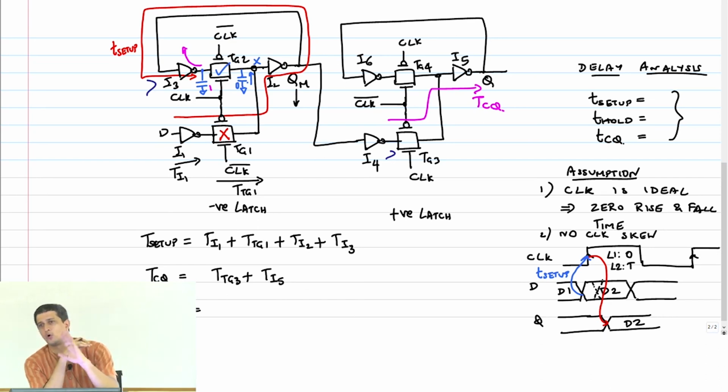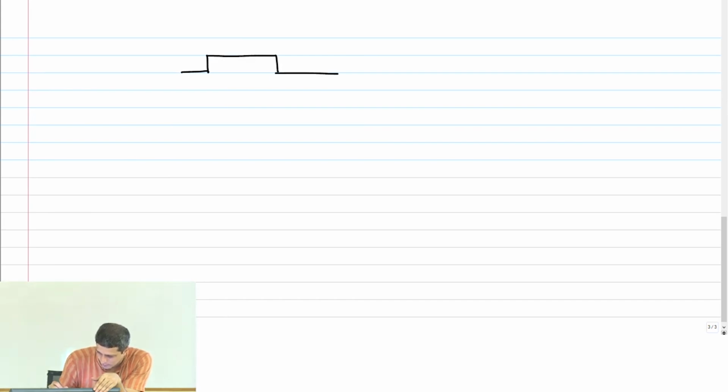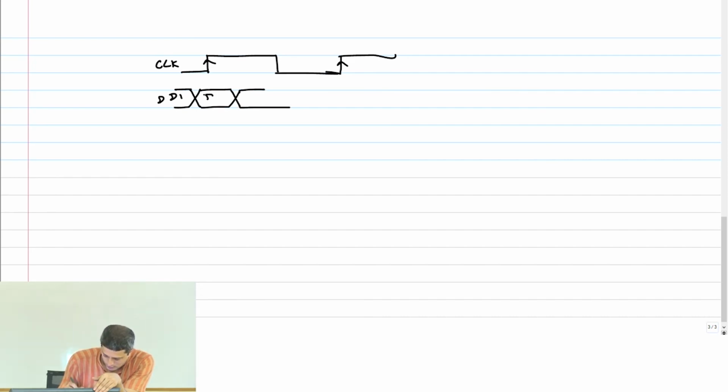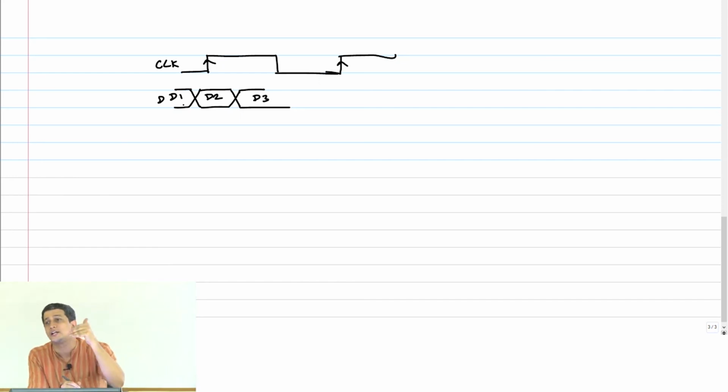So what is hold time? The definition is, with the clock, I cause a change in data before and after the edge. D1, D2, D3. The point now is, before the edge, when the change happens, I want that change to be captured. That is setup time.